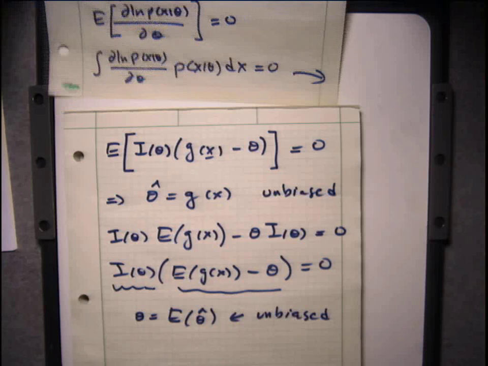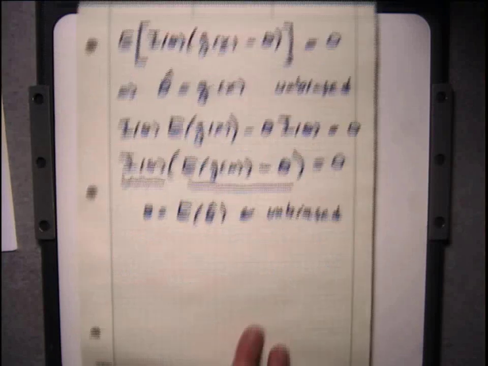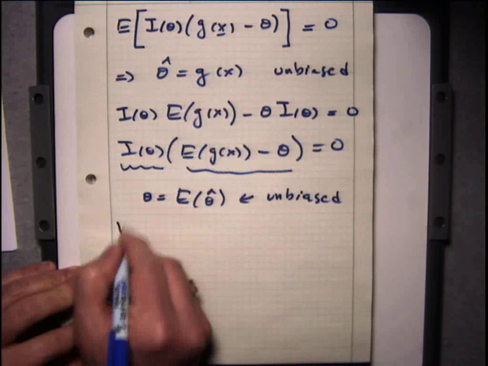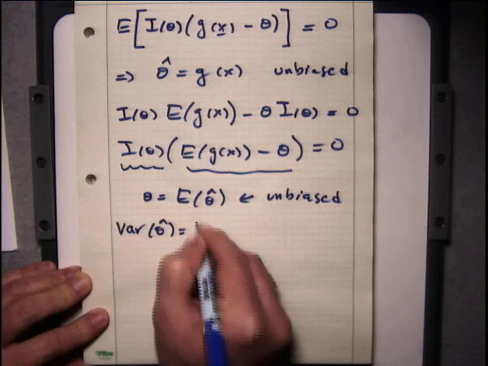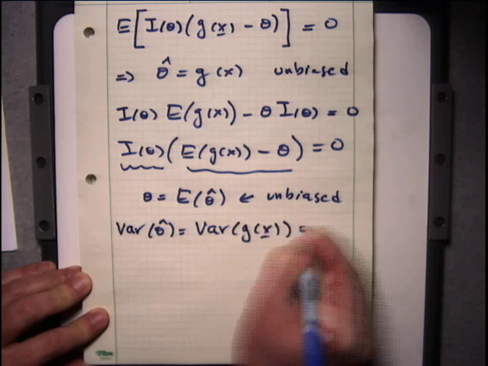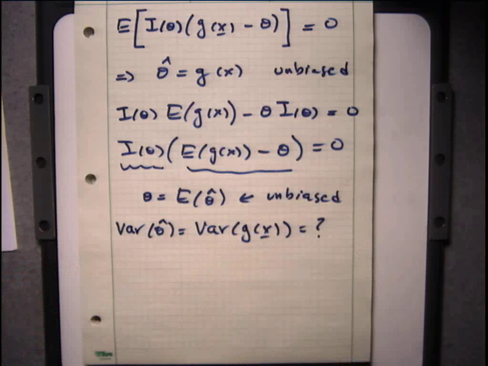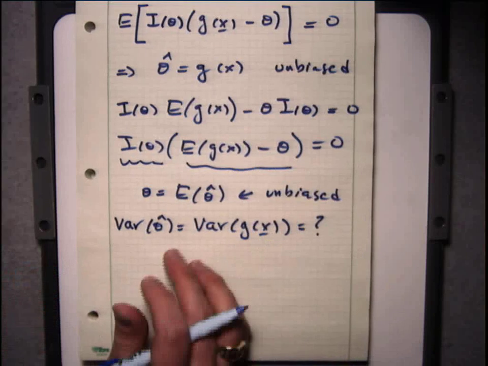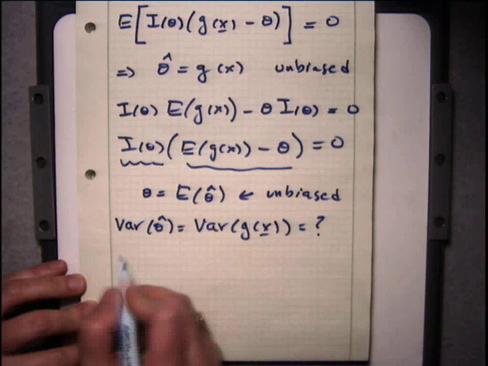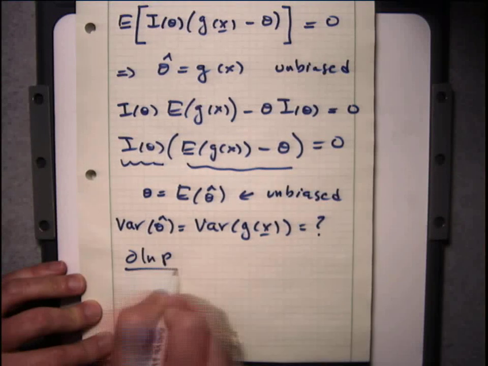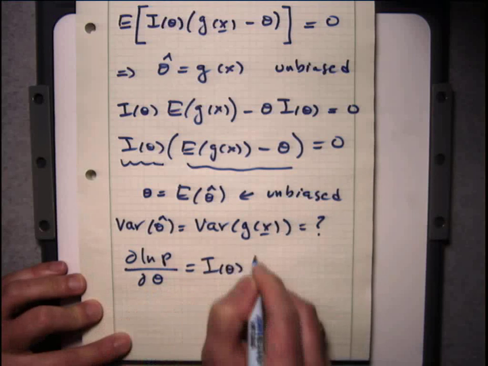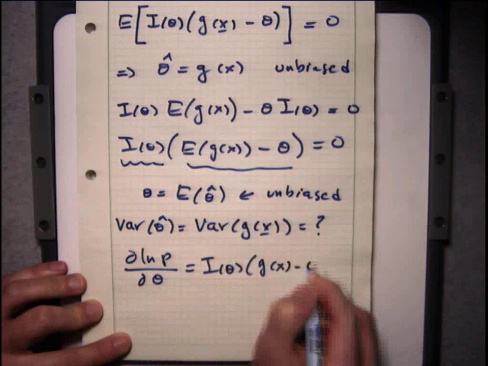What about the variance? So what about the variance of theta hat, which is variance of g of x? Okay. So once again, let's take the condition, I of theta times g of x minus theta.